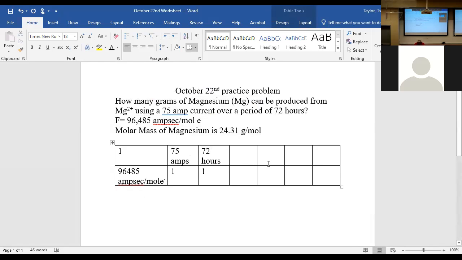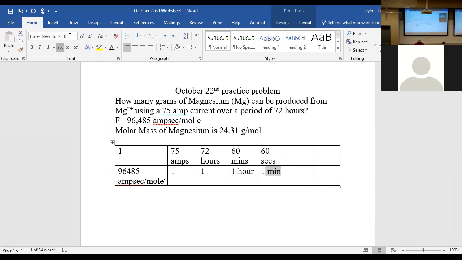over 1. And then 1 hour, to cancel out the hours, is equal to 60 minutes. And then 1 minute is equal to 60 seconds. And so now we're back at seconds, and we cancel out the minute. Let me put that down.